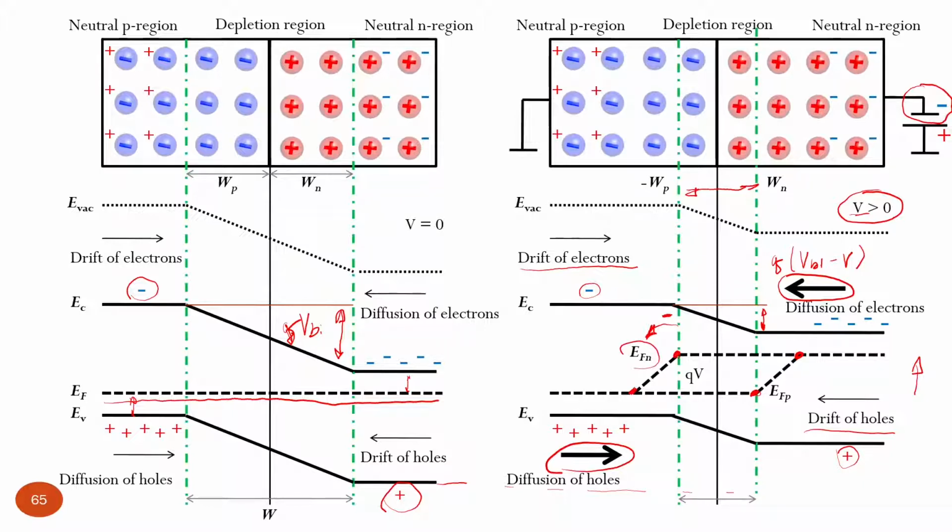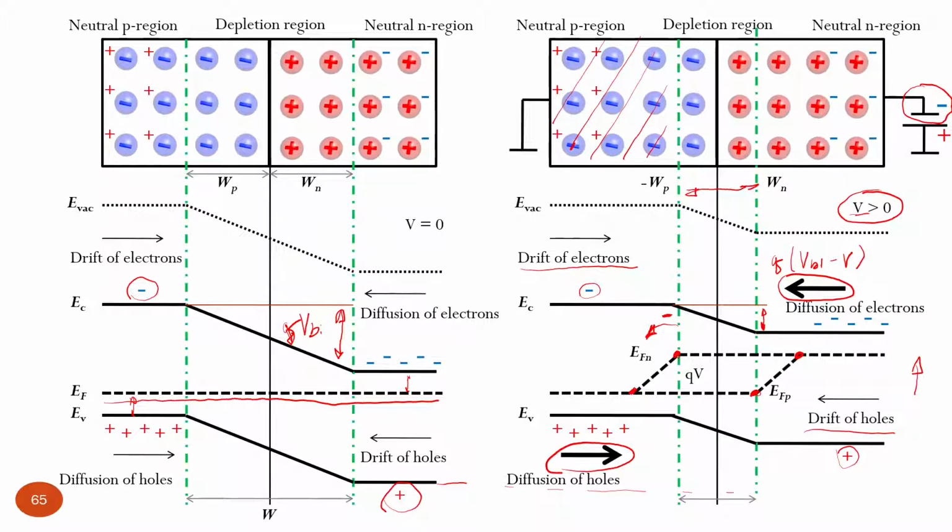Quasi-Fermi energy level. However, as they move further inside the neutral region of this p-type semiconductor, their concentration reduces because it is compensated by majority charge carriers, which are plenty in the p-type region.